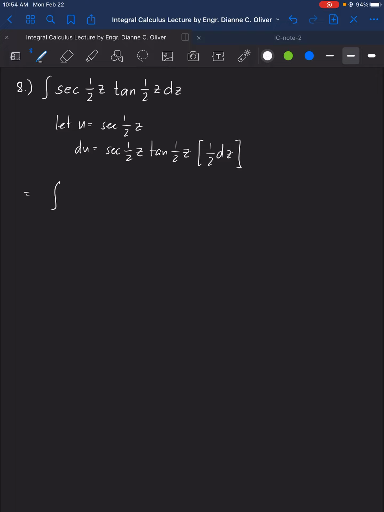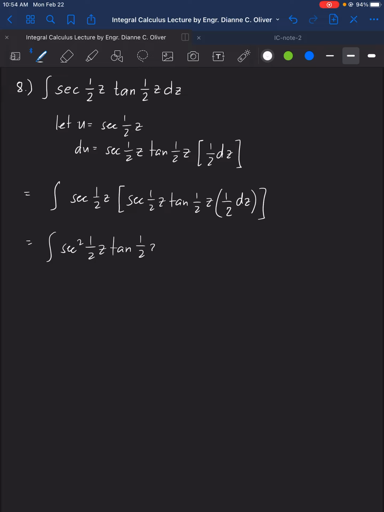If we use the pattern here, we copy the u. So u here is secant 1/2 z. That's the u, right? Then the derivative of u, secant 1/2 z tangent 1/2 z, 1/2 dz. So that becomes secant squared 1/2 z, tangent 1/2 z, then that is 1/2 dz.